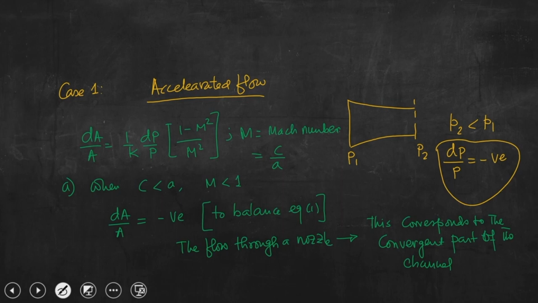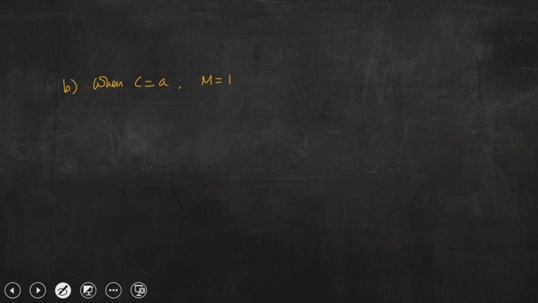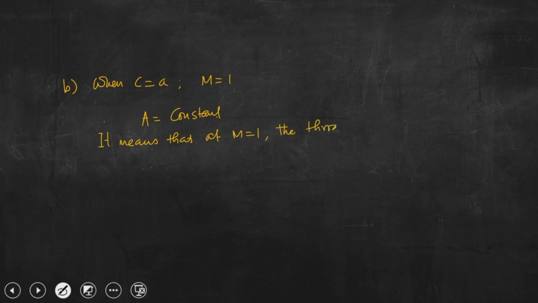So, to balance this equation, with M equal to 1 this term is 0. So, we can see A equal to constant. So, when M equal to 1, then A equal to constant. It means that when M equal to 1, the throat of the nozzle is reached.